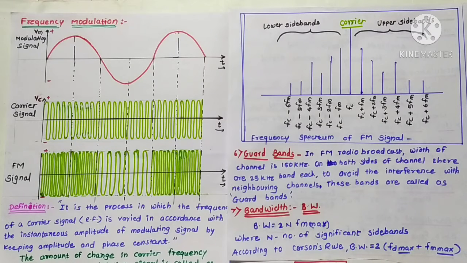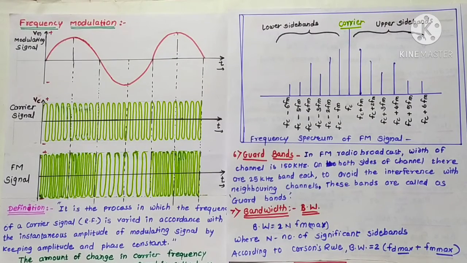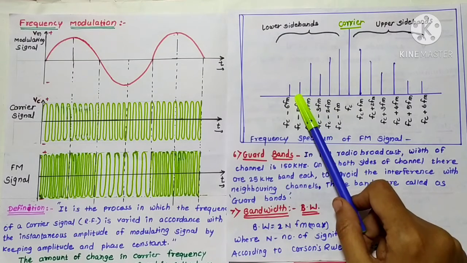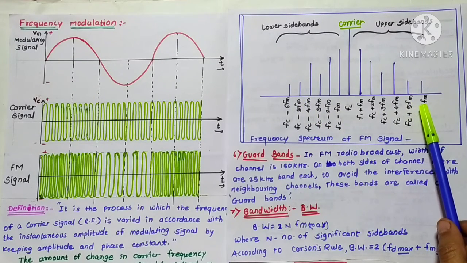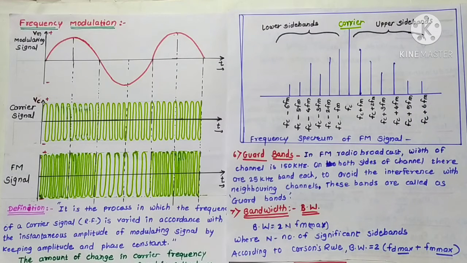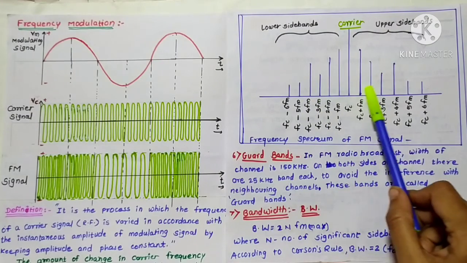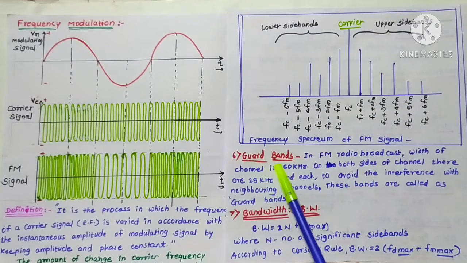Okay students? In this way we can say that as compared to amplitude modulation, where there are only two sidebands, upper sideband and lower sideband, here in frequency modulation a number of sidebands are present. And the term related to these sidebands is called guard bands.